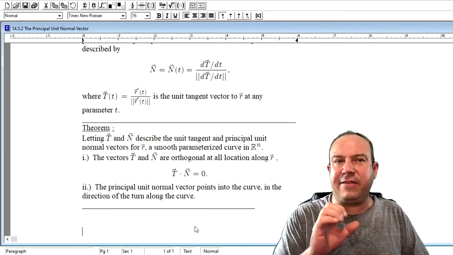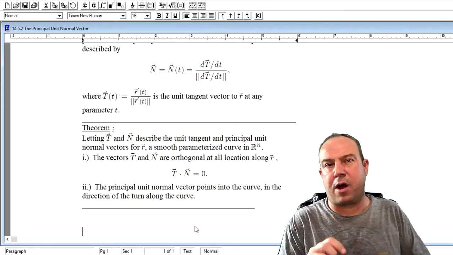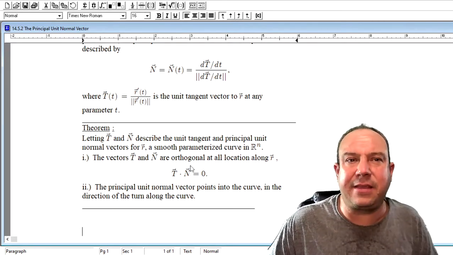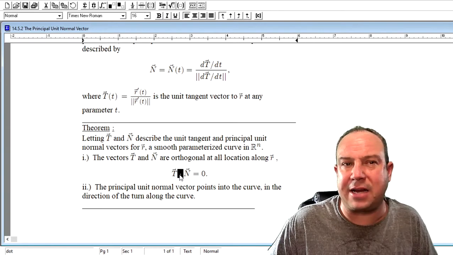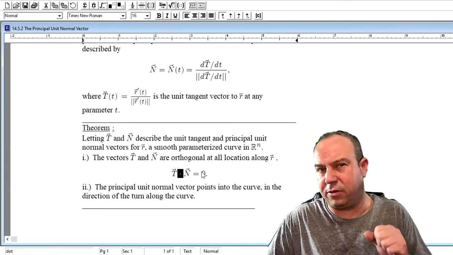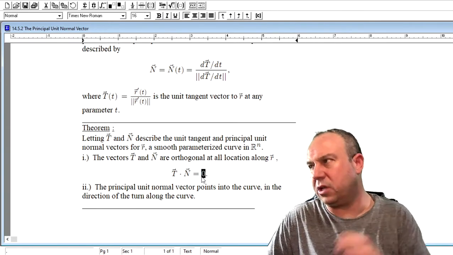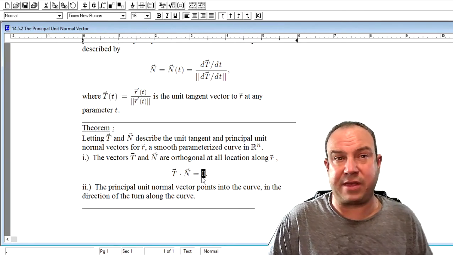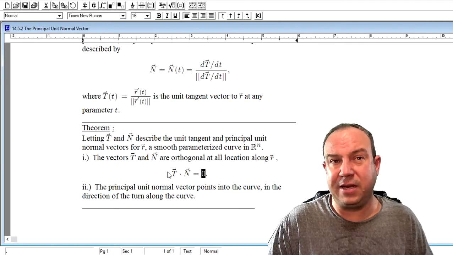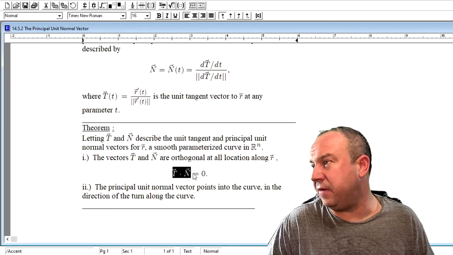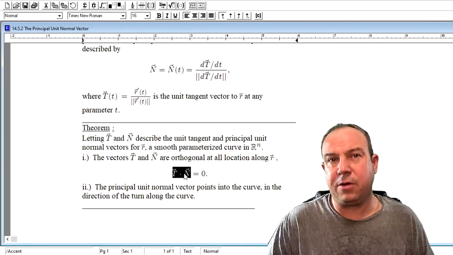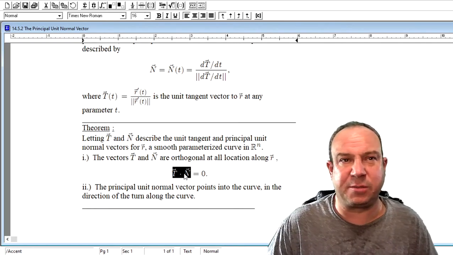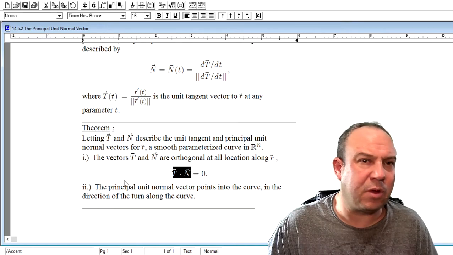That is, at any given location along r bar where we can calculate t bar and n bar, if we take their dot product, it will always give us the scalar result of 0, implying orthogonal behavior between these two vectors, implying that they have a 90-degree relationship to each other in space.